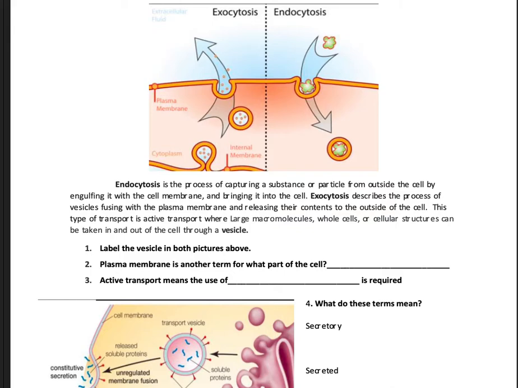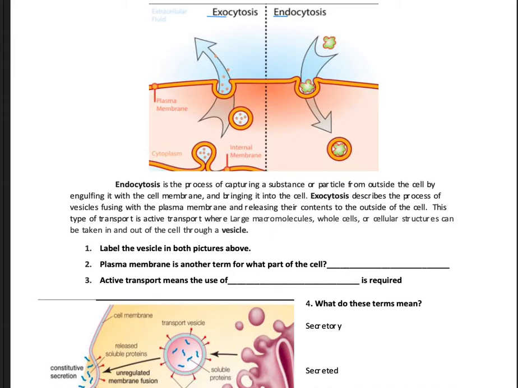Okay, endo and exocytosis. One way to remember which: you have EX, exocytosis, for exiting the cell, and then you have endocytosis, meaning it enters the cell through vesicles.